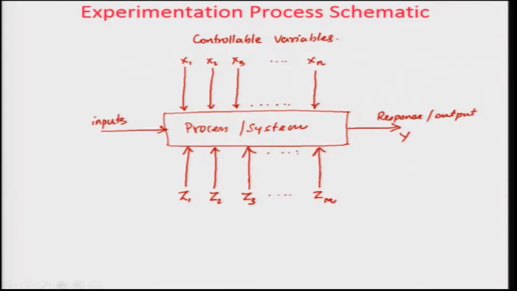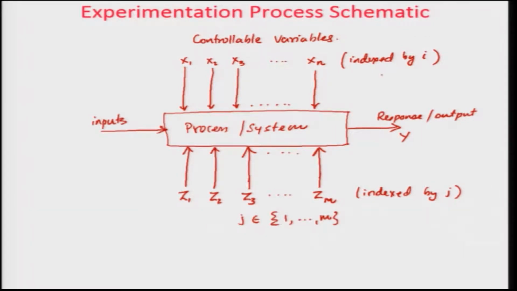So, these are indexed by i and indexed by j. j varies from 1 all the way to m, and i varies from 1 to n.